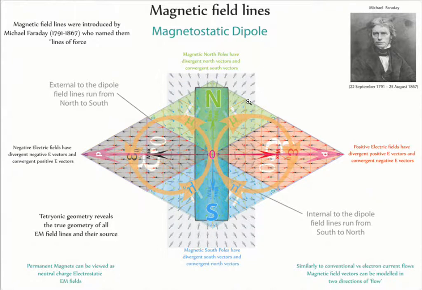Again, mapping these onto Tetrionic alpha geometries, we can see that to produce a bar magnet geometry of a magnetostatic field, we need positive and negative charges in order to create the stronger dipole arrangement of the bar magnet itself. But obviously we still retain the E field geometries and their energy momenta, but they're neutralized.